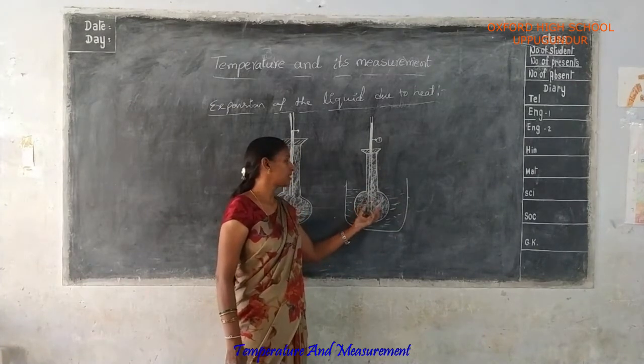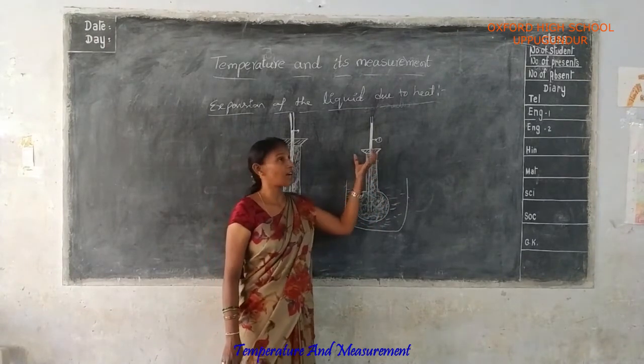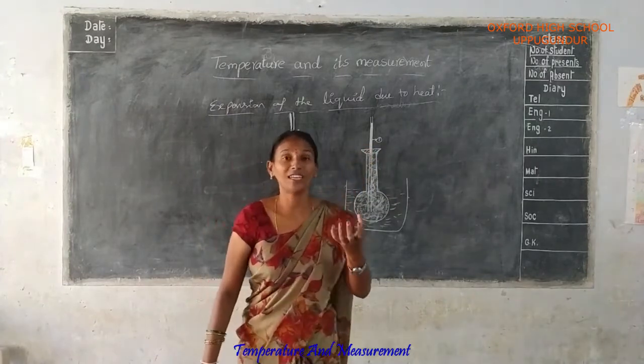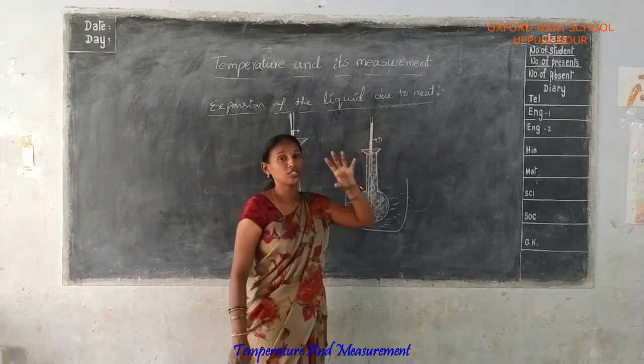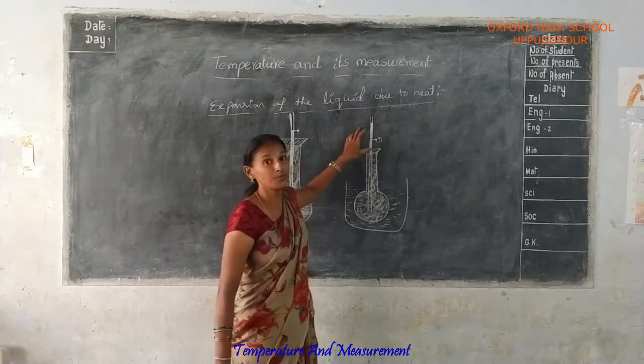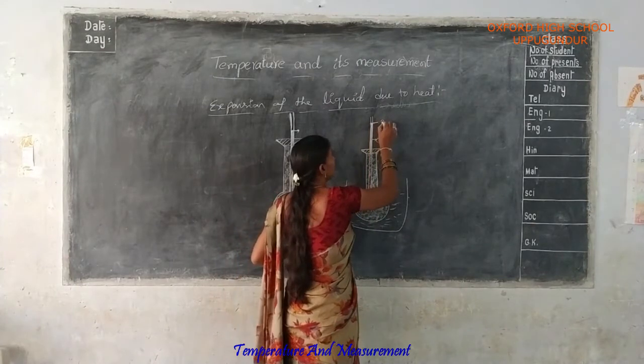So the colored water absorbs heat and boils, forming water vapor. The water vapor moves in the upward direction. Here, carefully identify the water level. This is the second level only.